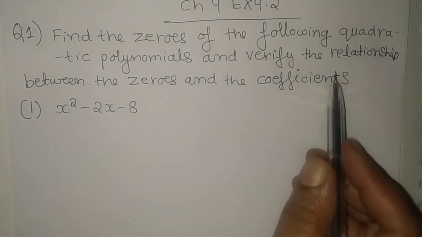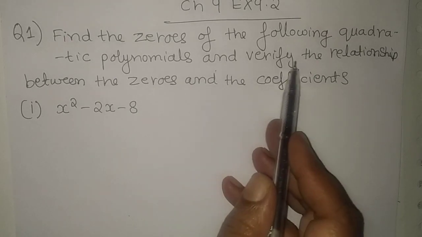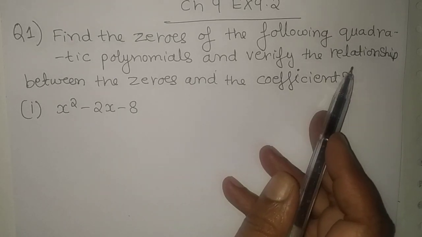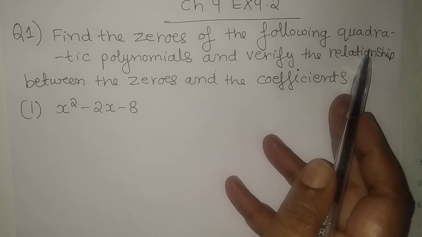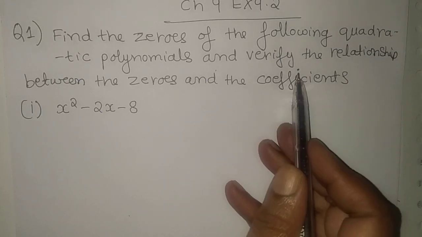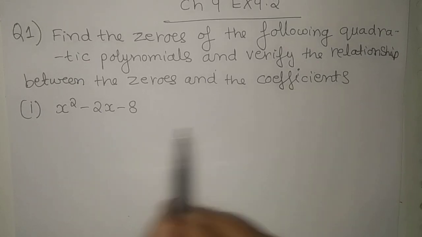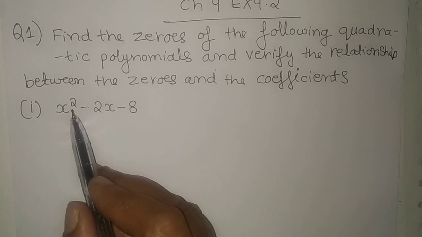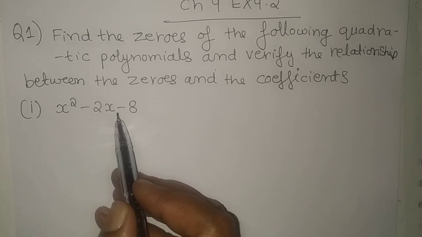Find the zeros of the following quadratic polynomials and verify the relationship between zeros and coefficients. The first problem given is x² minus 2x minus 8.